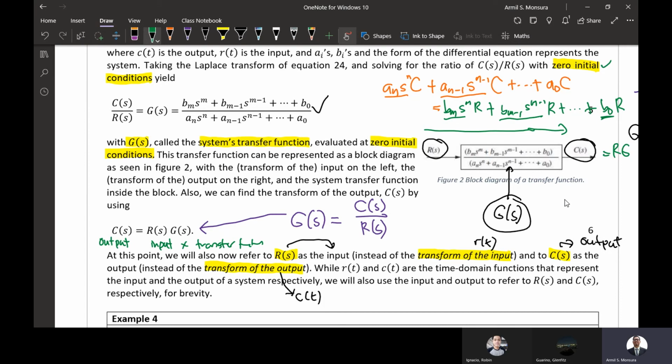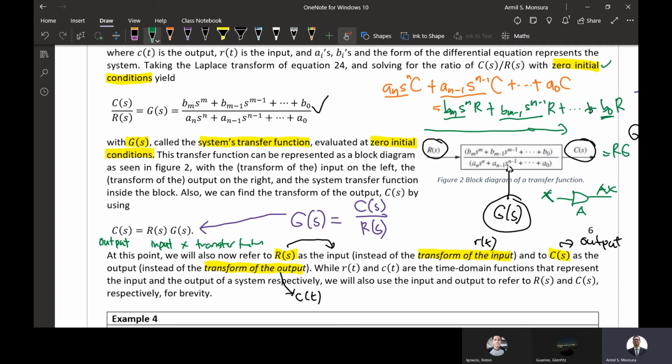Okay? So, it should make sense kasi kung sa electronics natin, kung meron tayong amplifier na ang gain ay A, so kung meron kayong input signal dyan na X, okay, ang output natin dyan ay A times X. Okay? So, ganoon din dito sa part na to. Pero this time, we're having a dynamic system.